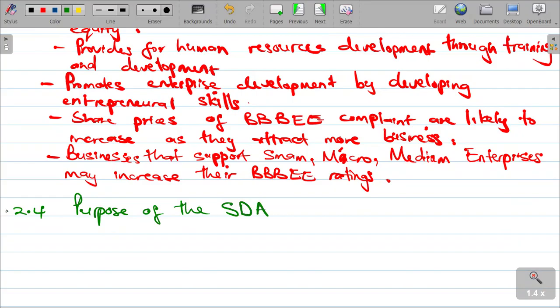SDA, right? The Act wanted to develop the skills of the South African workforce.